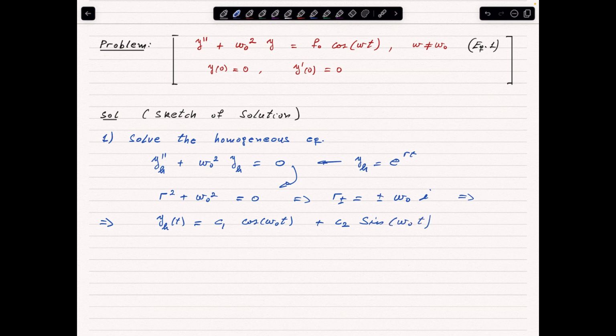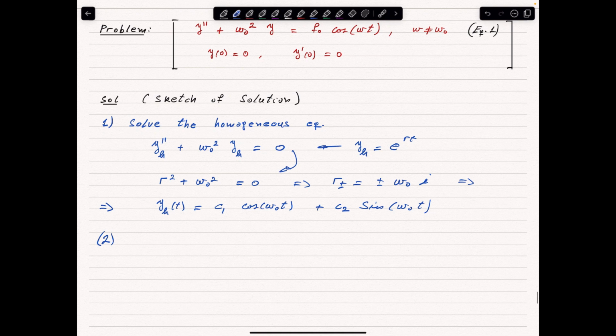Whatever the natural frequency is, we know what it is. The natural frequency, of course, is the square root of the spring constant divided by the mass of the object. Whatever this number is determines the natural frequency, and that is what goes in there. So once we found that, the second step is to find a particular solution.